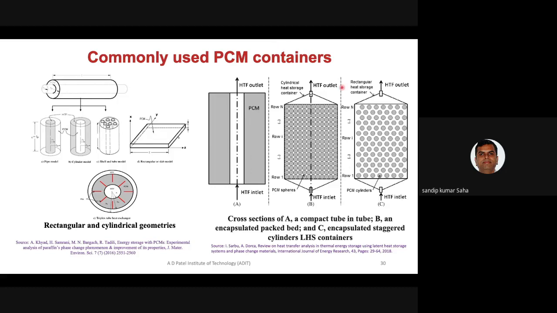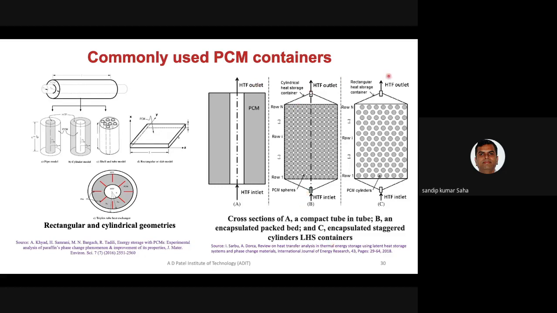Okay. Now, second part, as I told you, it's a packed bed system, which I didn't show you. Any model I haven't shown you till now, I will show under this example. Now, depending on the structure, I will choose my numerical model. If I see this first one, I call it shell and tube heat exchanger.